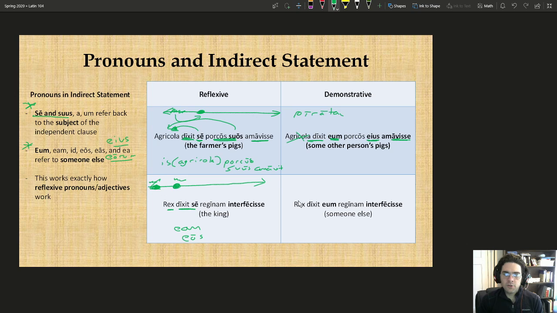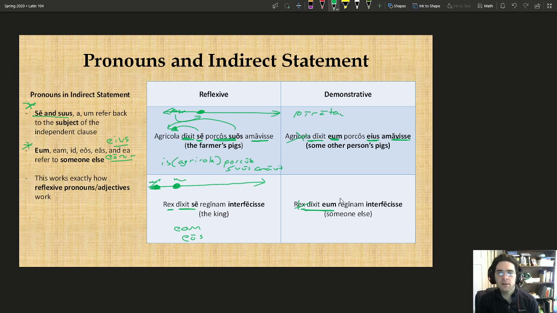So this is in contrast to our second example here, where the king said that this other guy killed the queen. So eum could refer to anyone else. It could be any other person referred to earlier or even someone unmentioned. But the one thing we do know is that it isn't the king. The king did not do the killing. Someone else did the killing of the queen.